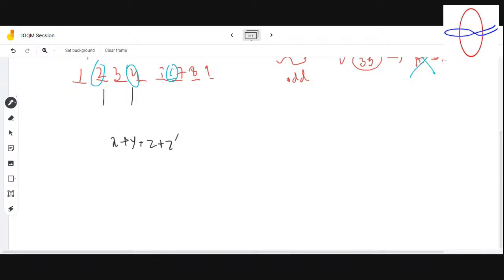So what is the possibility of getting 17? This one must be equal to 17, right?